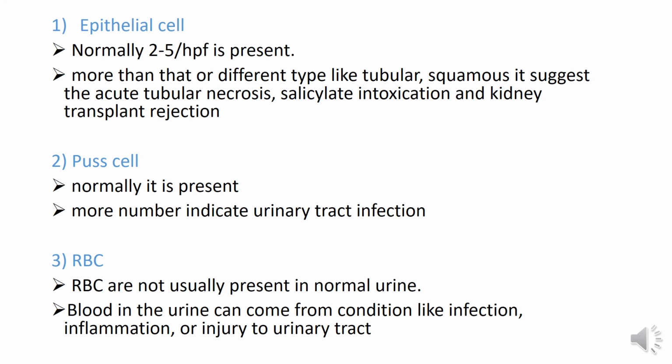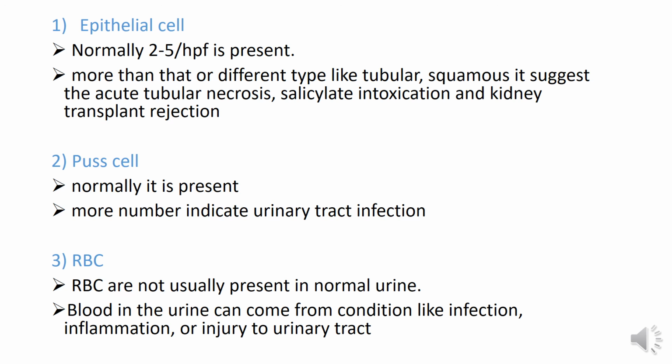First are epithelial cells. Normally 2 to 5 per HPF can be present in urine. More than that, of different types like tubular, transitional or squamous, suggests pyelonephritis or acute tubular necrosis, salicylate intoxication and kidney transplant rejection.